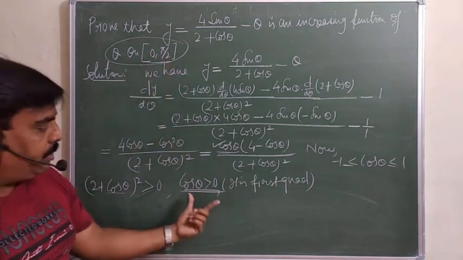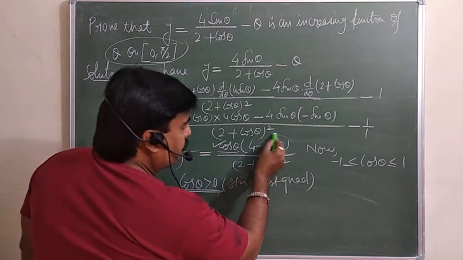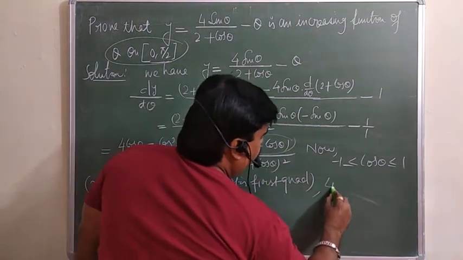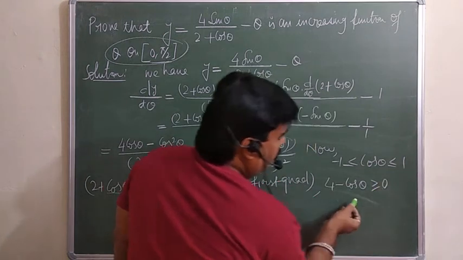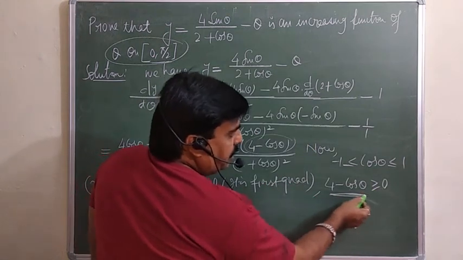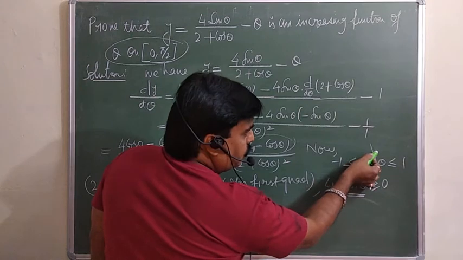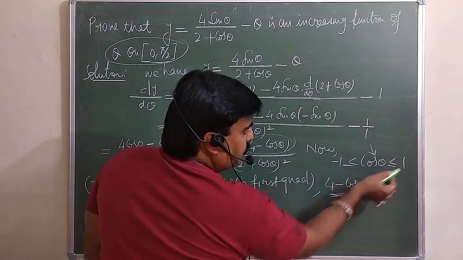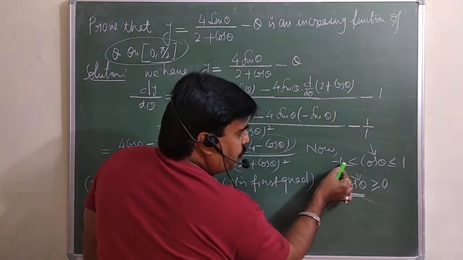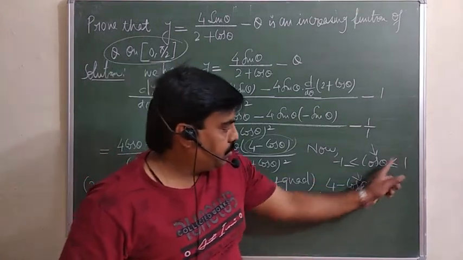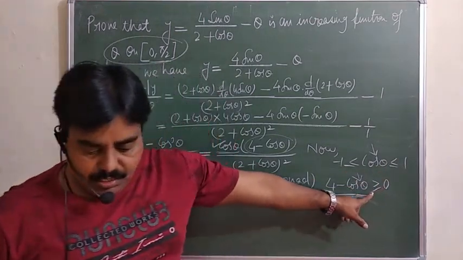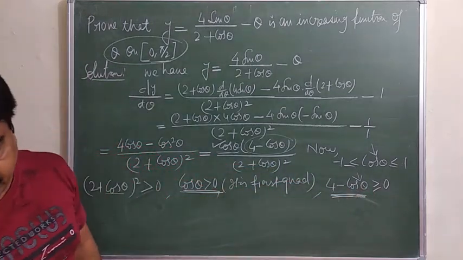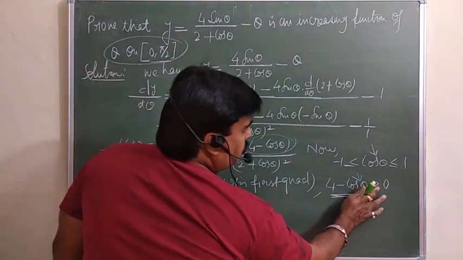And if we talk about 4 minus cos theta, this will be greater than or equal to 0, because the value of cos theta lies between minus 1 and plus 1. So if you put any value between minus 1 and plus 1 here, definitely this value will be greater than 0, not equal to, greater than 0.